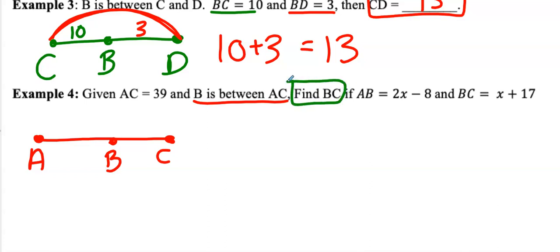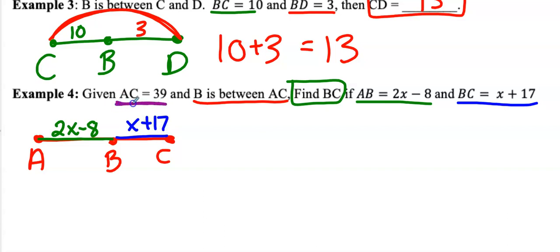What is BC? Yo no sé, I don't know. AB is 2x minus 8. So this first part, 2x minus 8. BC, the other part, x plus 17. And at the beginning, AC, the total, is 39.